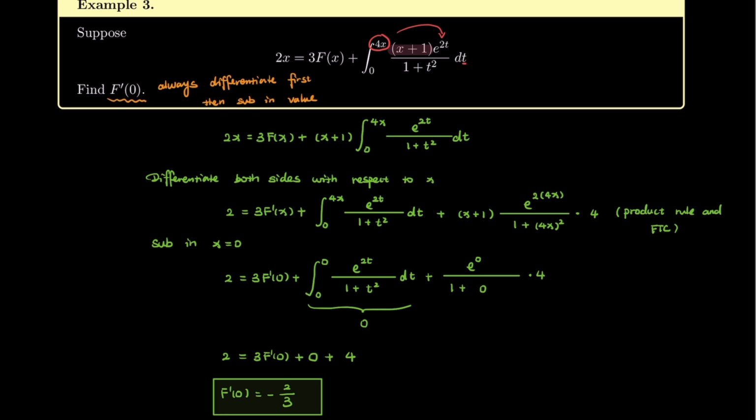That is why I took it out of this integral, and that's going to be a product, so recall the product rule. The product rule is applied right here, and the rest is just the fundamental theorem of calculus. We also used one property here: if the upper bound and the lower bound of the definite integral are the same, then the integral is 0. And that's the end of the question.